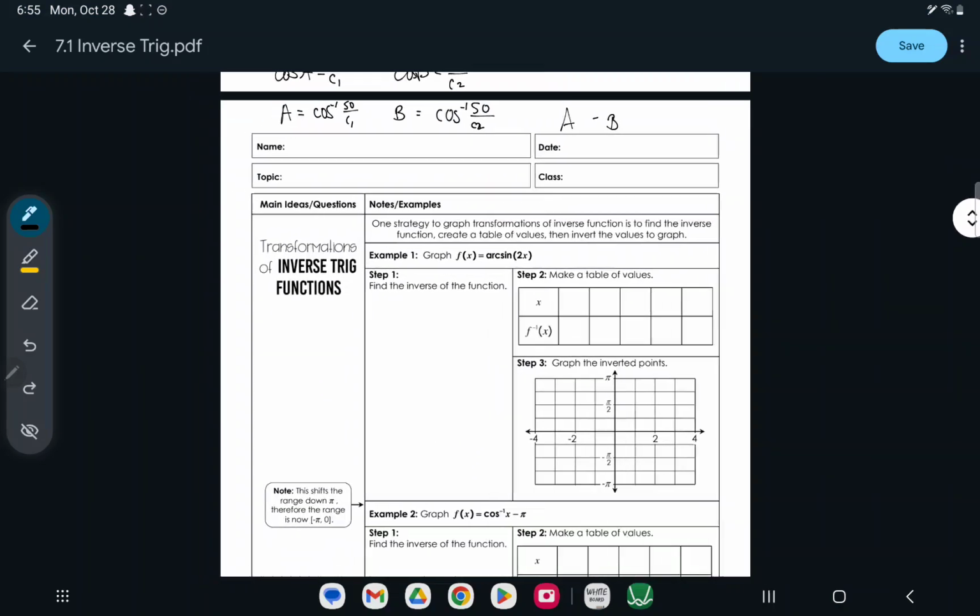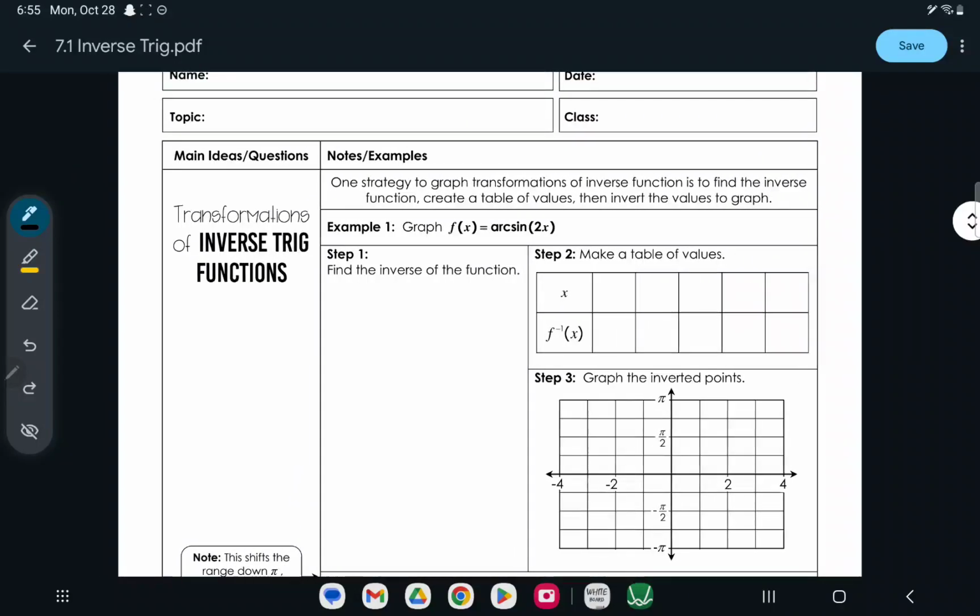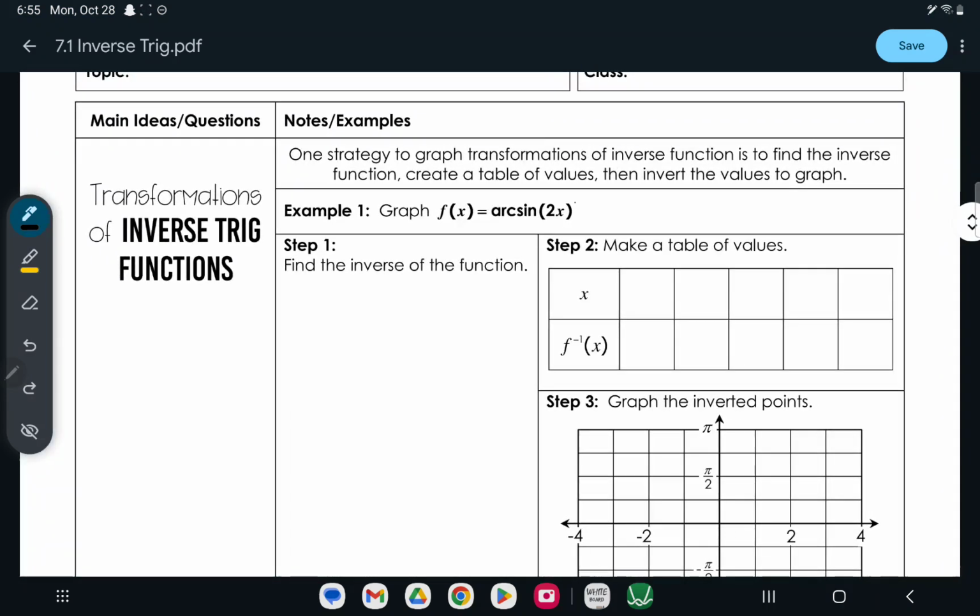Okay. Now let's look at graphing them using transformations. All right, and the way we can do this is two ways. So we can go back to this idea of a guide function, and we can find the inverse of what's given, and then use that to get some key points.